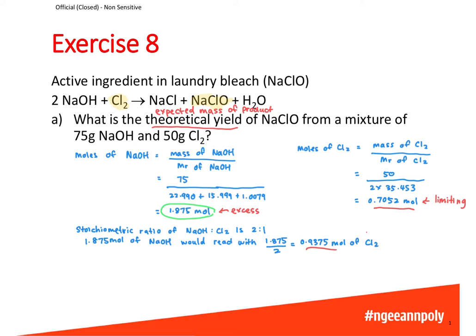Since the stoichiometric ratio is 1:1, then the number of moles of NaClO would be equal to the moles of Cl2. So let's write that down. Moles of NaClO equals moles of Cl2, which would be 0.7052 moles. So now that we know the number of moles, we can calculate the expected mass of NaClO.